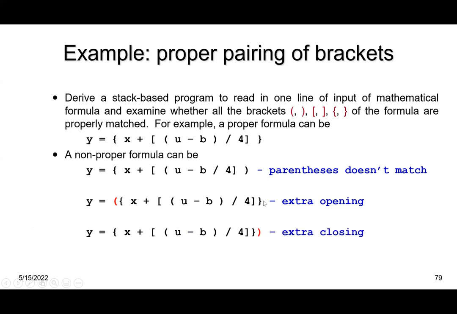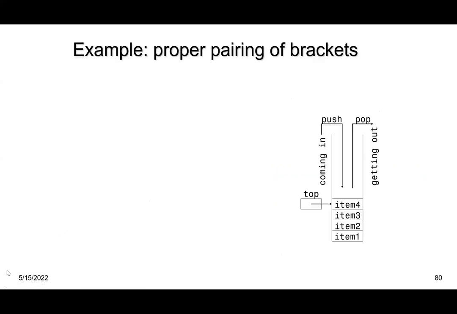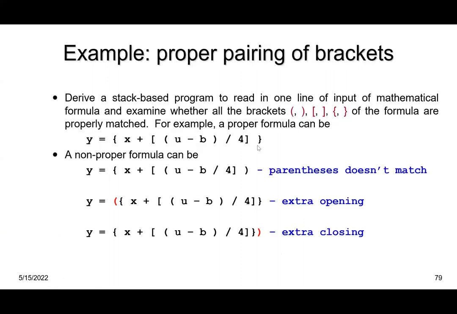Besides extra opening, you can also have extra closing, right? This case with extra closing is also considered not a proper formula. So we will write a program that will help us to actually check the proper pairing. Let's see how we can use a stack to help us check for the proper pairing of the brackets.